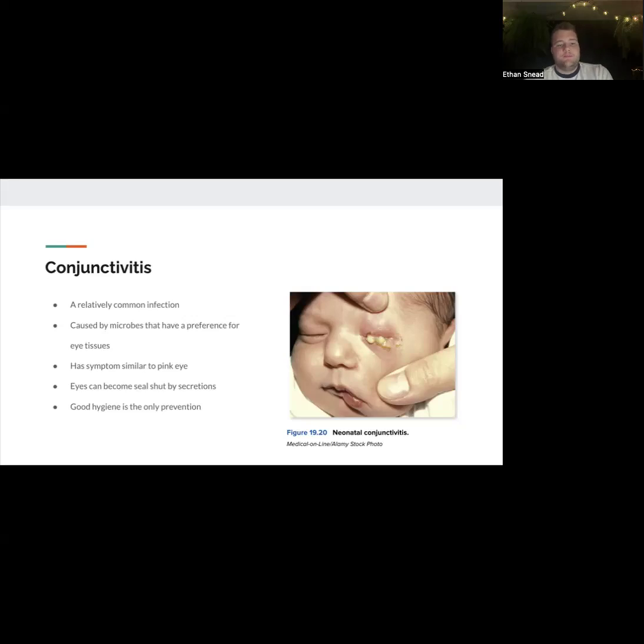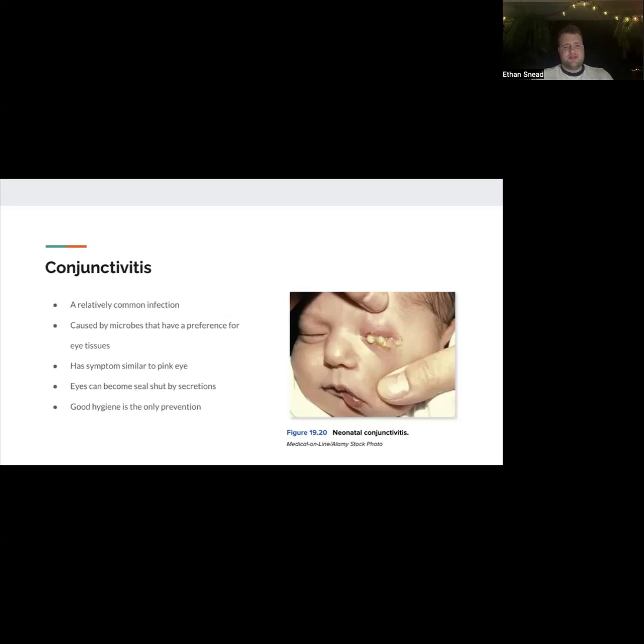They're contaminants introduced by, let's say, a contact lens, or a traumatic injury to the eye, or by accidental inoculation of the eye. It has symptoms similar to pink eye. So it has secretions, redness, eye swelling, and you'll get things such as itching as well.